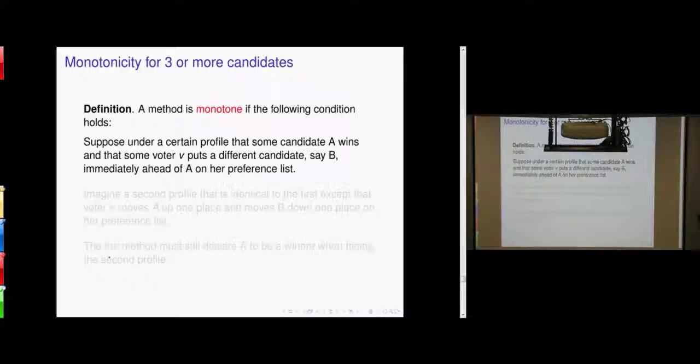The definition for monotonicity for 3 or more candidates. A method is monotone if the following condition holds. So let's use a long condition. Let's read it one by one. It's like before and after, right? If before something happens, and after you do something, then something happens, then it is monotone.